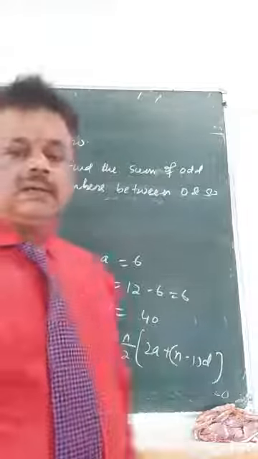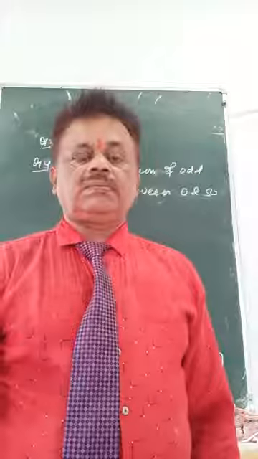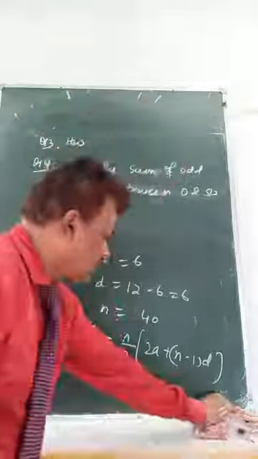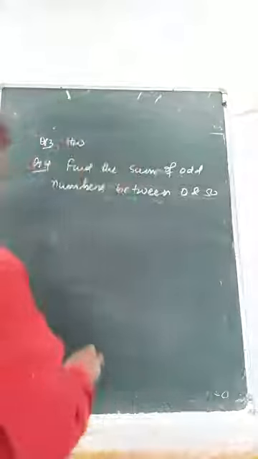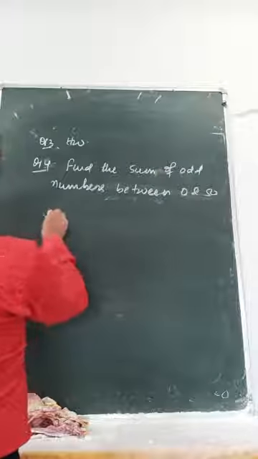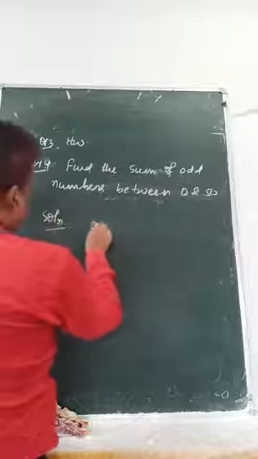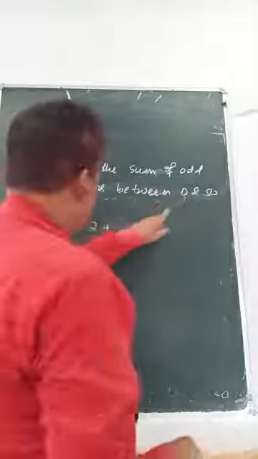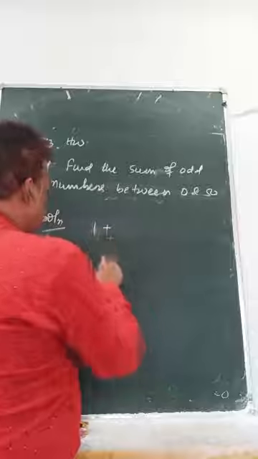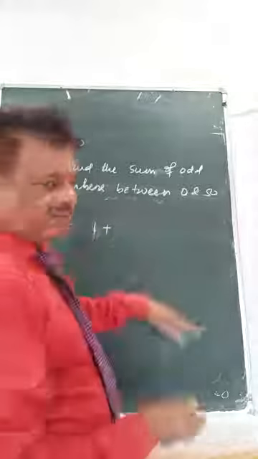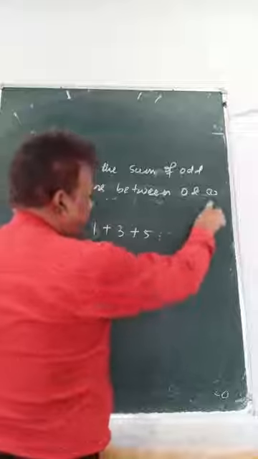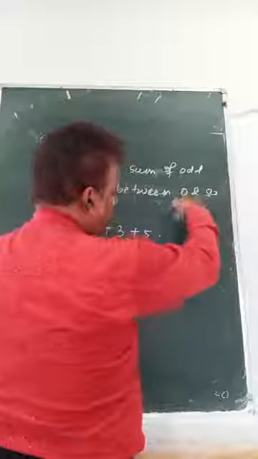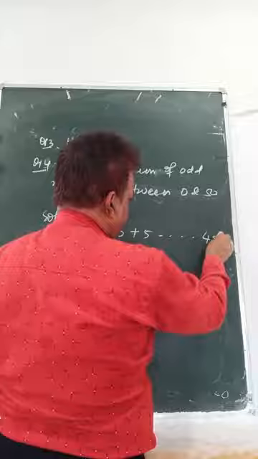So first you find out which are the odd numbers between 0 and 50. 0 is an even number, because it is divisible by 2. After 0, the first number will be 1, an odd number. Then the next odd number is 3. Next odd is 5. 50 is divisible by 2, so the previous number you have to take, 49.